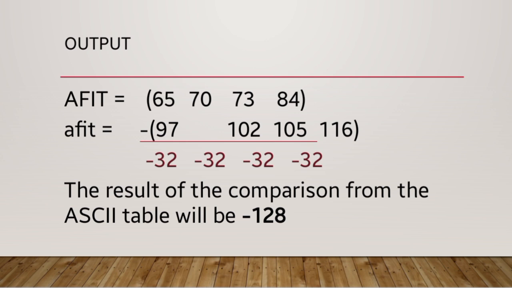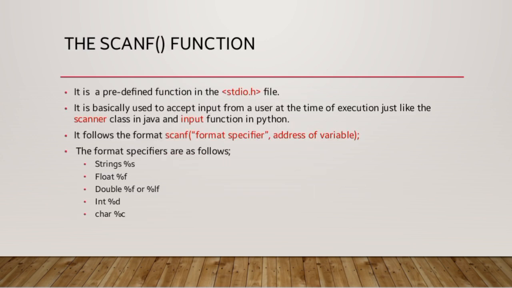So 65 minus 97 will give us minus 32. 70 minus 102 will give us minus 32. 73 minus 105 will give us minus 32. 84 minus 116 will give us minus 32. Sum them together and you get minus 128. So does that make sense? You can try other examples, bring your ASCII table, pick letters, compare them, and see what type of result you actually get.